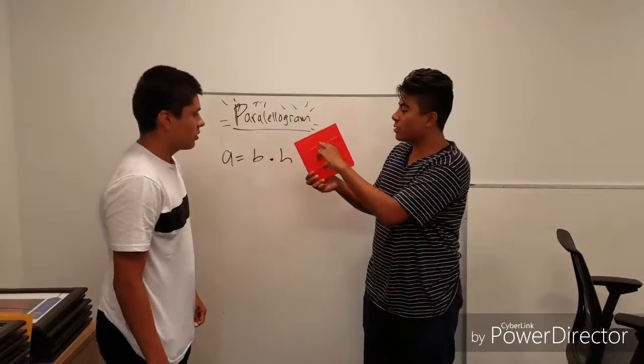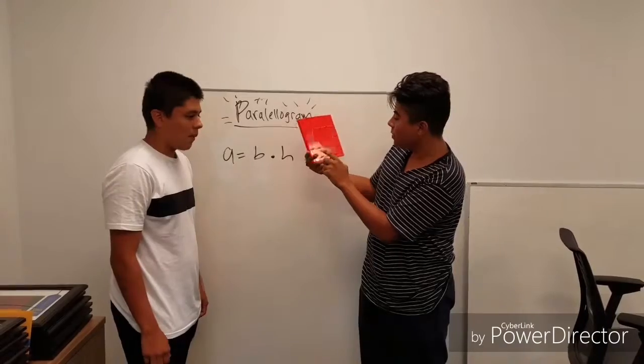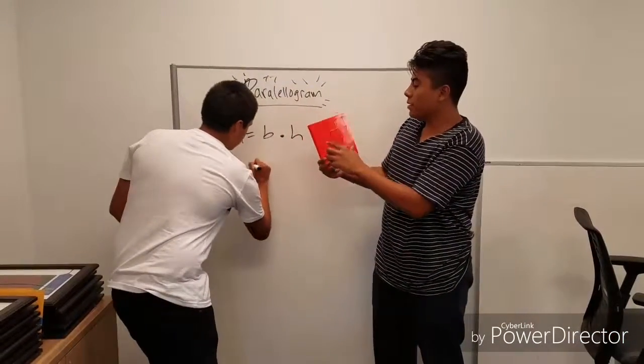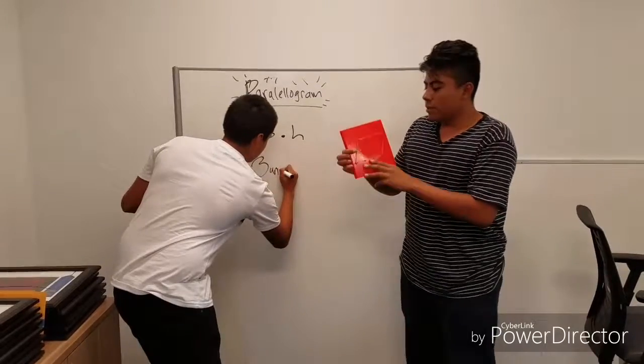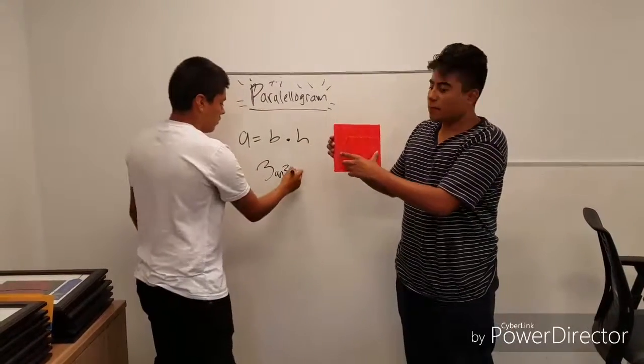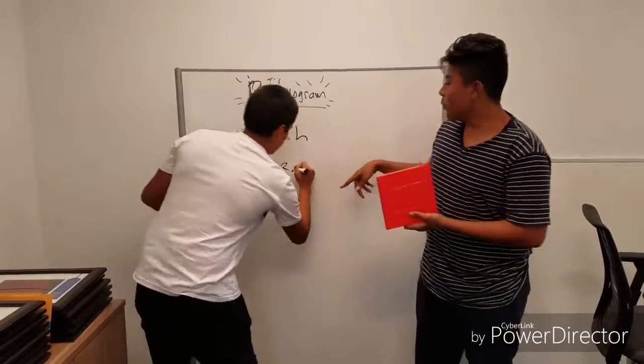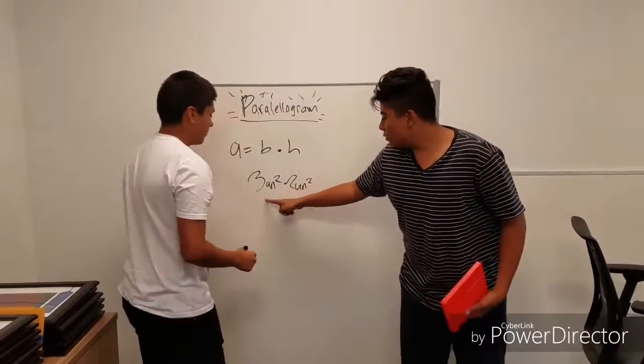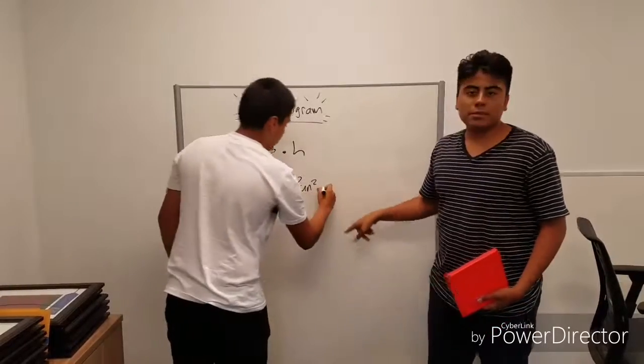Both bases are the same, 3 units on both sides, and both heights are the same, which equals 2. So when you do base times height, it's 3 times 2, which equals 6.